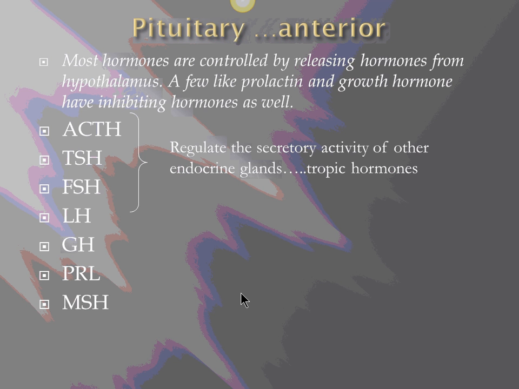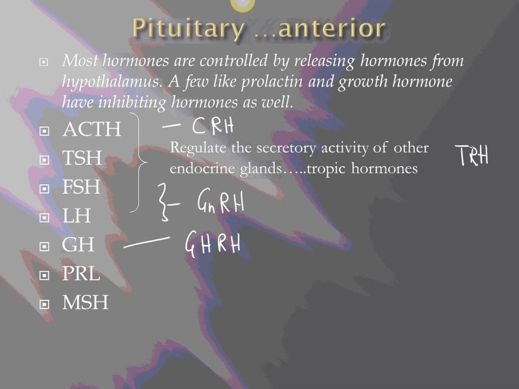Now let's look at the anterior pituitary. As I said, most of the hormones of the anterior pituitary are controlled by releasing hormones. So we had growth hormone releasing hormone, gonadotropic releasing hormone, corticotropic releasing hormone, and for TSH, we had thyroid releasing hormone.